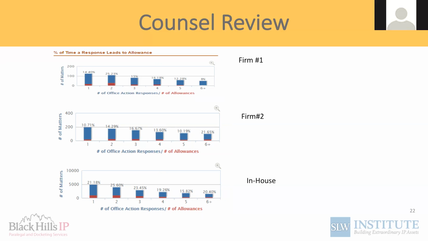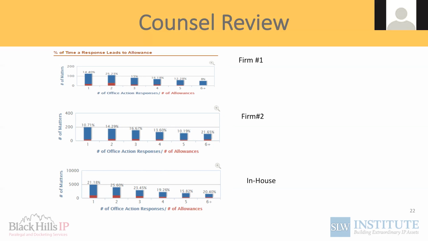What I like to see on these types of charts are higher numbers on the front end, especially with the second office action response, which is fairly reasonable if you think about how prosecution goes. You get your first office action, you write a response, you get your final, and ideally you respond and get an allowance.